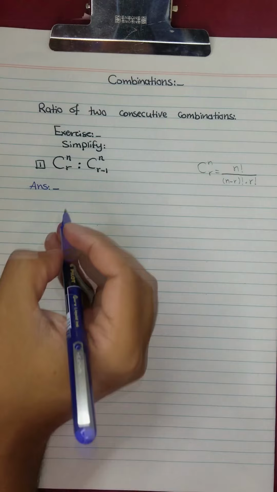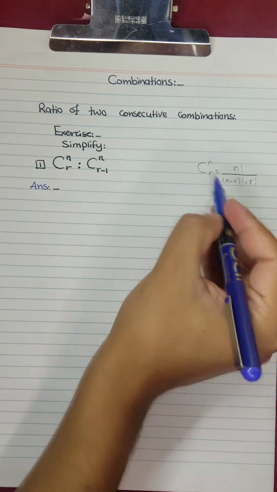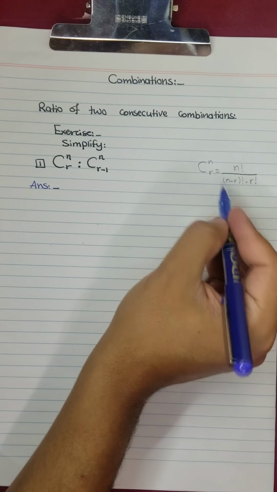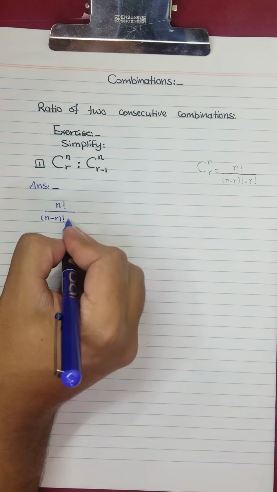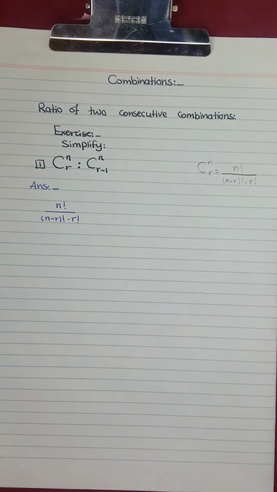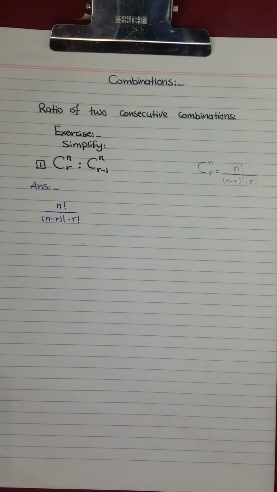So this one is directly the rule. It's just the rule exactly. So combination n, r is n factorial over n minus r factorial multiplied by r factorial. Okay, so it's straightforward.